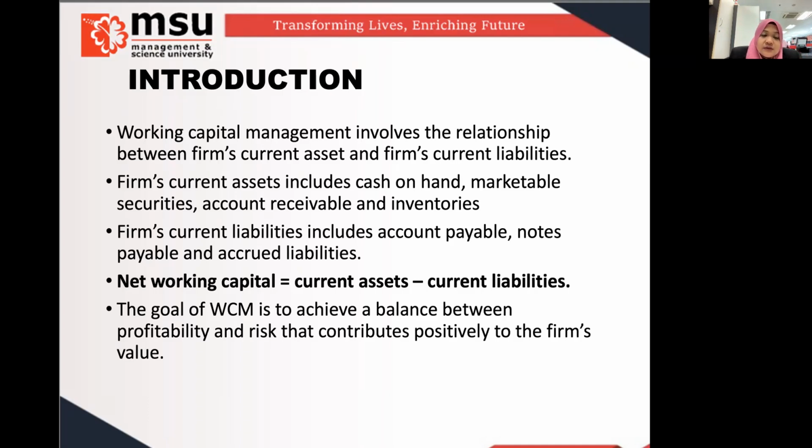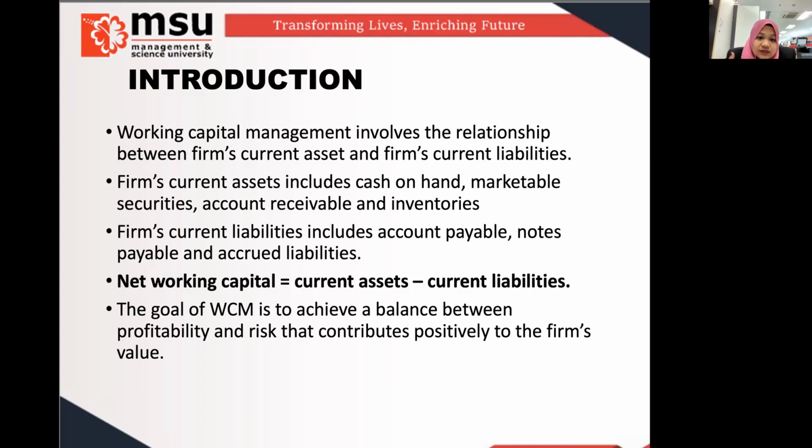So net working capital, what is net working capital? We want to see the surplus of the current assets compared to current liabilities. So therefore, the formula for net working capital is current assets minus current liabilities. Okay, so a positive net working capital shows that the current assets are more than the current liabilities, right?